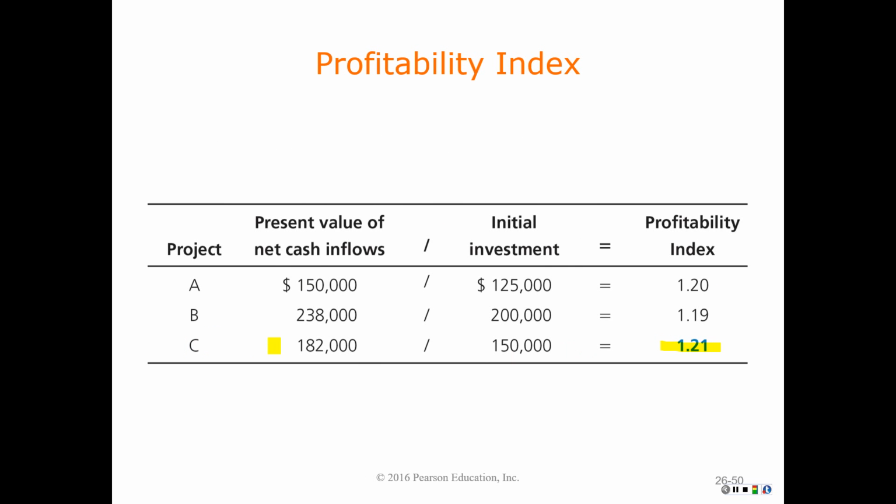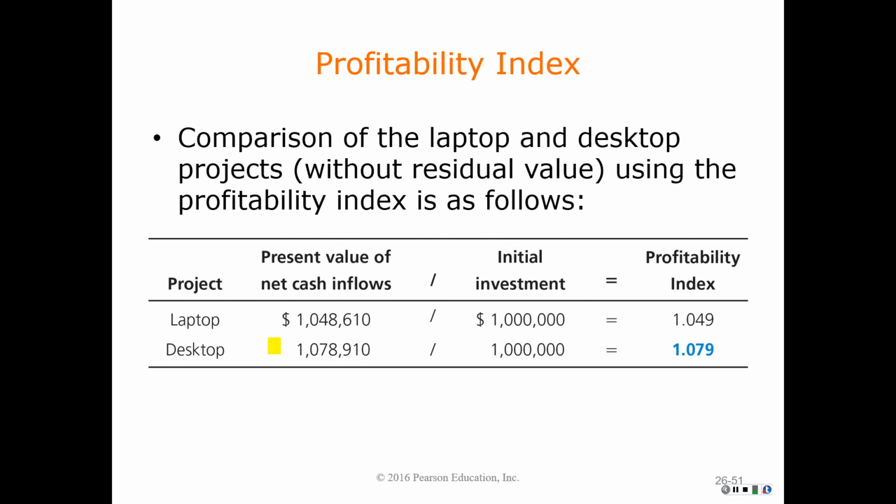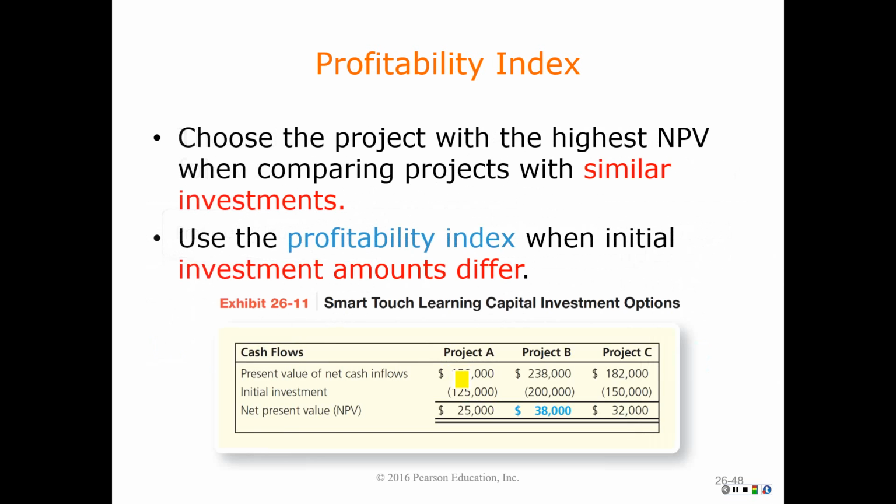Because all of our assumptions are not the same. And so if we were to do this profitability index comparison with our desktop and laptop projects without the residual value, we see this emerge as well. The present value of our inflows divided by our investment is 1.079 versus 1.049. The desktop is what we see emerging as the most valuable in our profitability index.